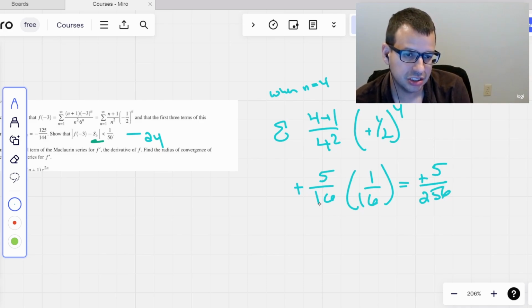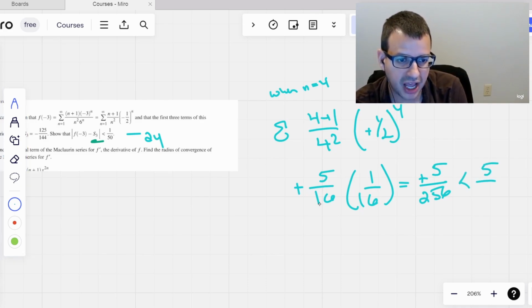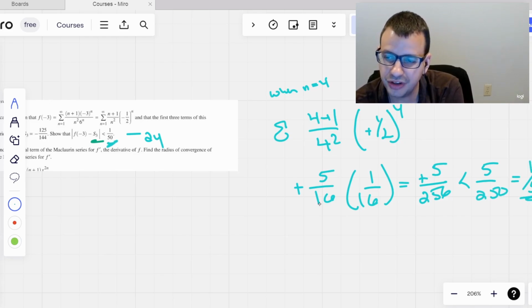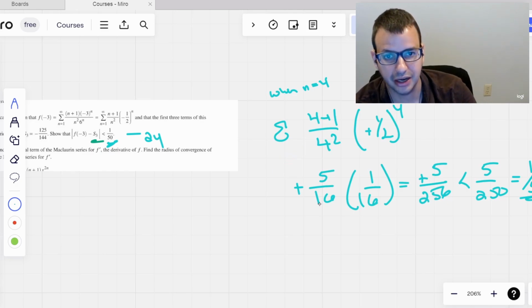which is less than 5 over 250, which is the same as 1 over 50. So this 1 over 50, basically what that means is that it is less than 5 over 256 is what happens when you plug in 4 for n.